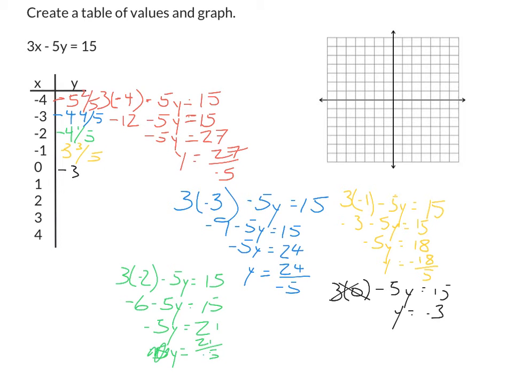And if you notice our pattern, each time we're just going up by 3/5. From -5 and 2/5, we go up by 3/5 to -4 and 4/5. We go up 3/5 to -4 and 1/5. We go up 3/5 to -3 and 3/5. We go up 3/5 to -3. So let's keep that going.